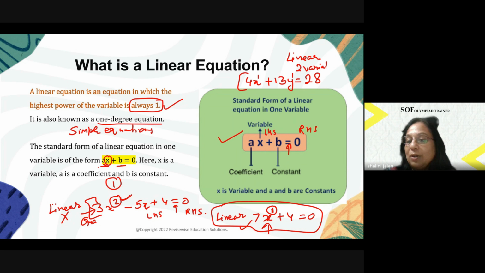We have 2 different variables in one equation, x as well as y. So this is one level more complex than the simplest case, right? So linear equations in one variable are simple equations. We can have linear equations in 2 variables, in 3 variables, and so on. And we can have quadratic equations as well, with a higher degree for the variable. All right.